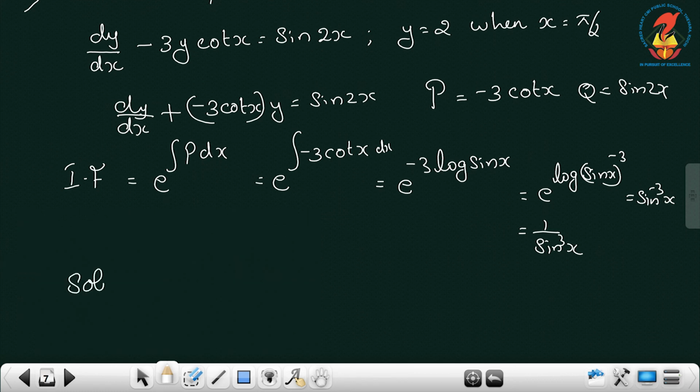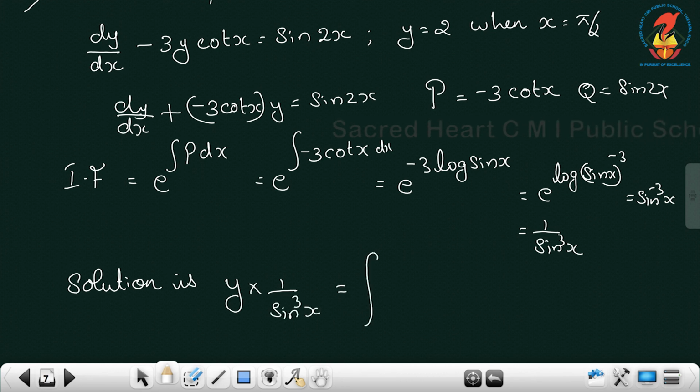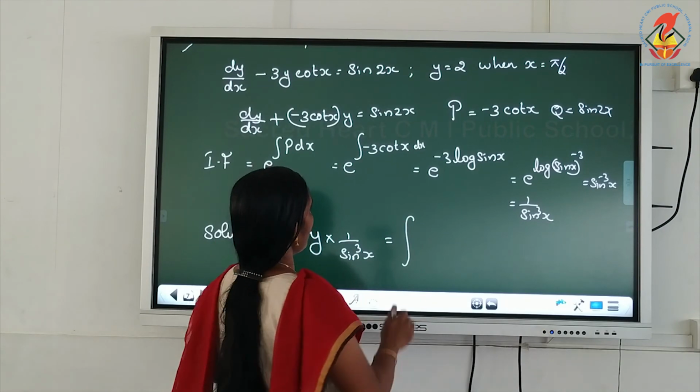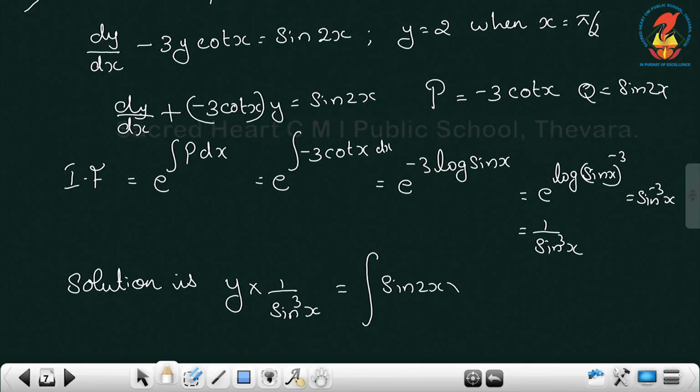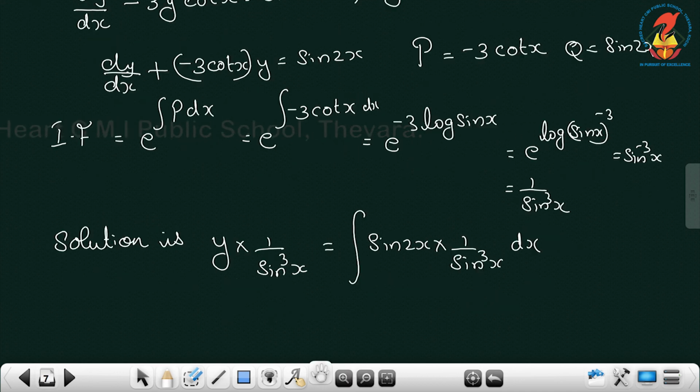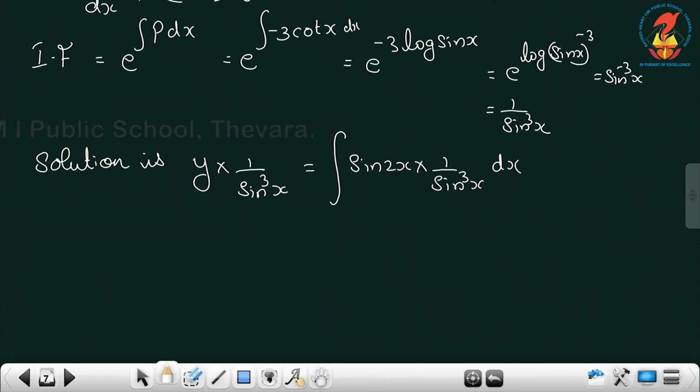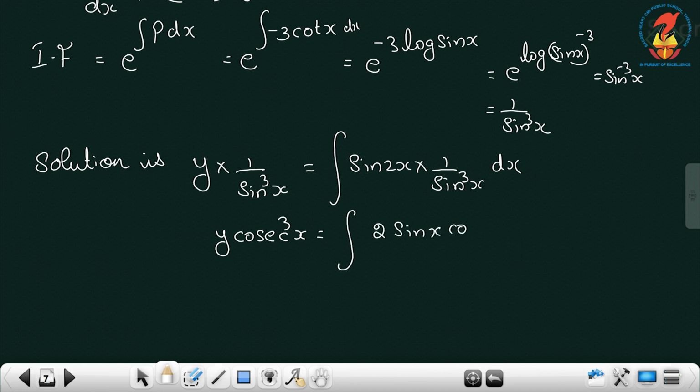Now the solution is y into the integrating factor is equal to the integral of the right hand side. What is the right hand side? Sin 2x into the integrating factor dx. Then the right hand side you have to simplify, then integrate. 1 by sin cube, can I write cosec cube? Then sin 2x is 2 sin x cos x by sin cube.